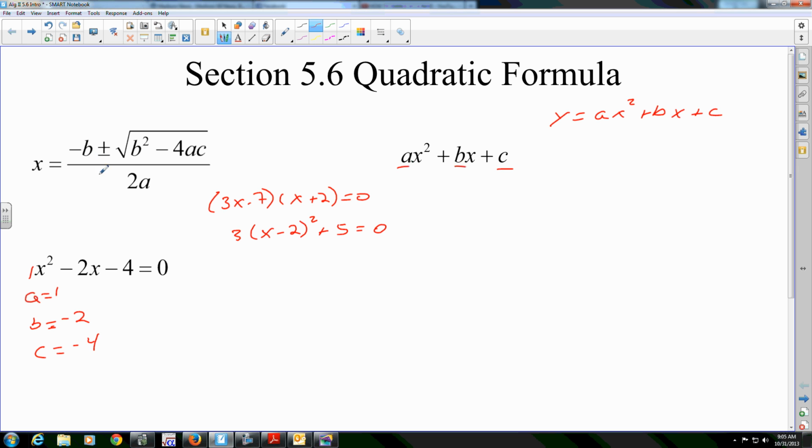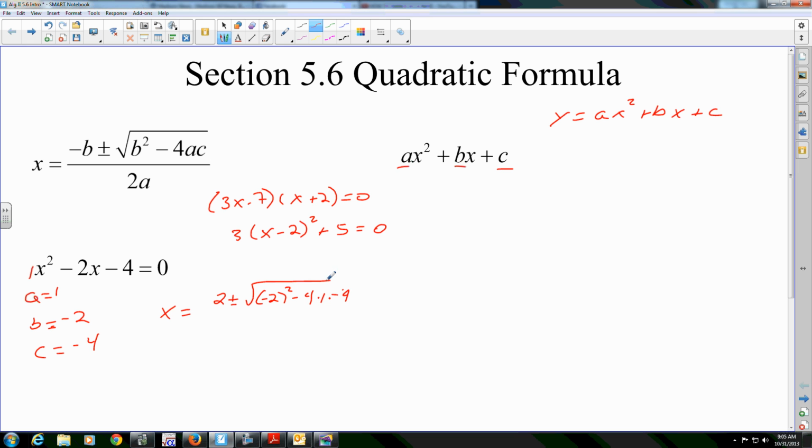Setting up this pattern, it says x equals, I read it as the opposite of b. I know you guys will be prone to saying negative b, but it's really saying take the opposite of b. So the opposite of b would be 2, plus or minus the square root of negative 2, because that's the value of b, squared, minus 4 times a, which is 1, times c, which is negative 4.